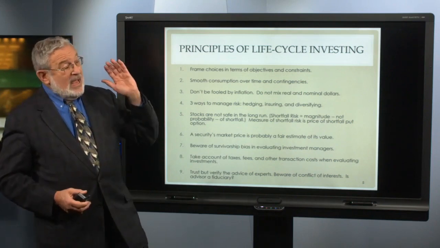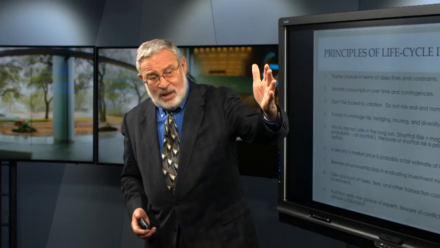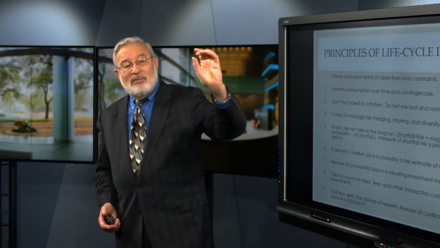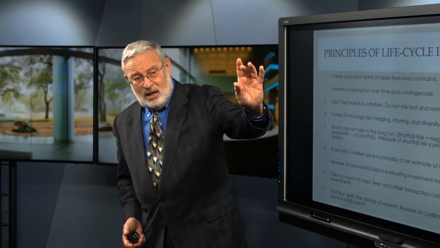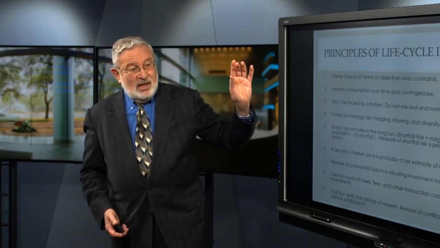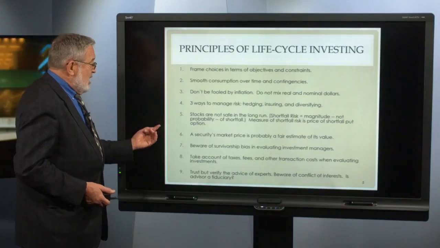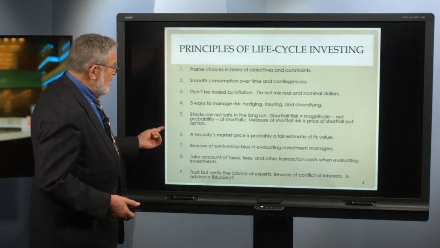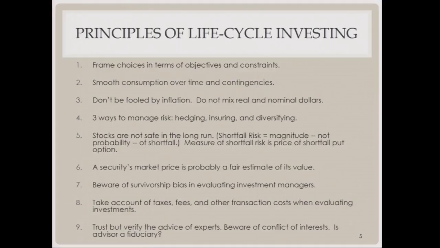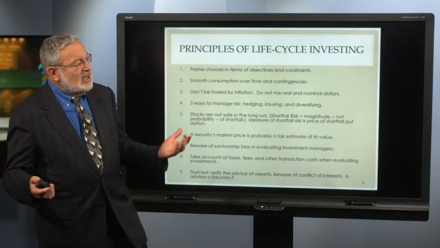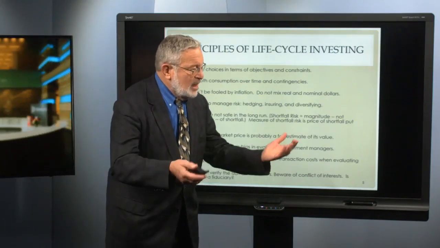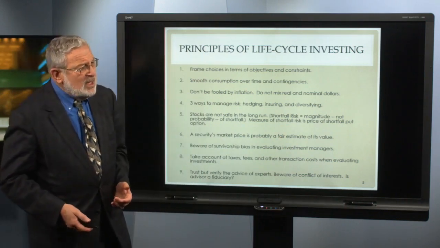Now, as you approach retirement and you have a good idea of what your target income level is, that's when you want to hedge. Okay, number 6, a securities market price is probably a fair estimate of its value. Well, don't expect to find bargains lying there on the stock market.